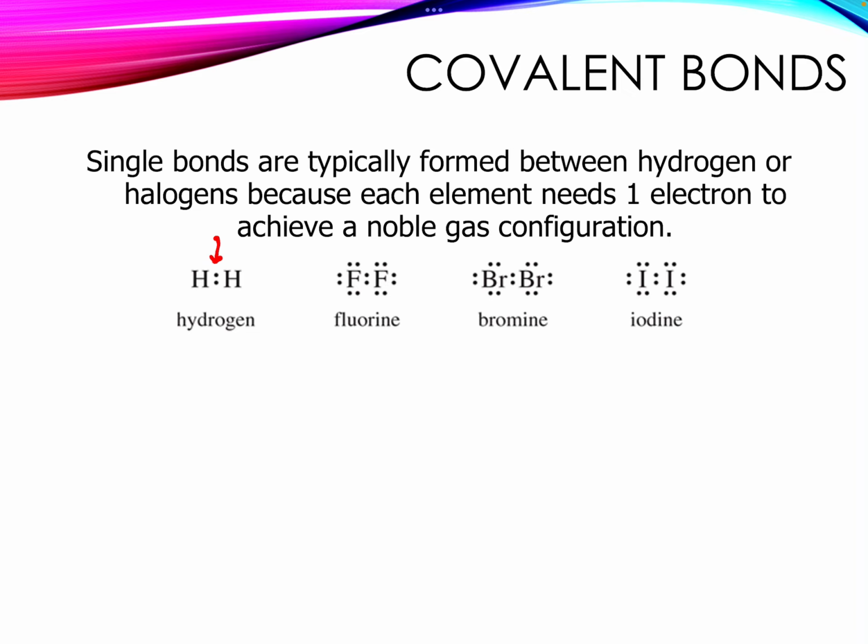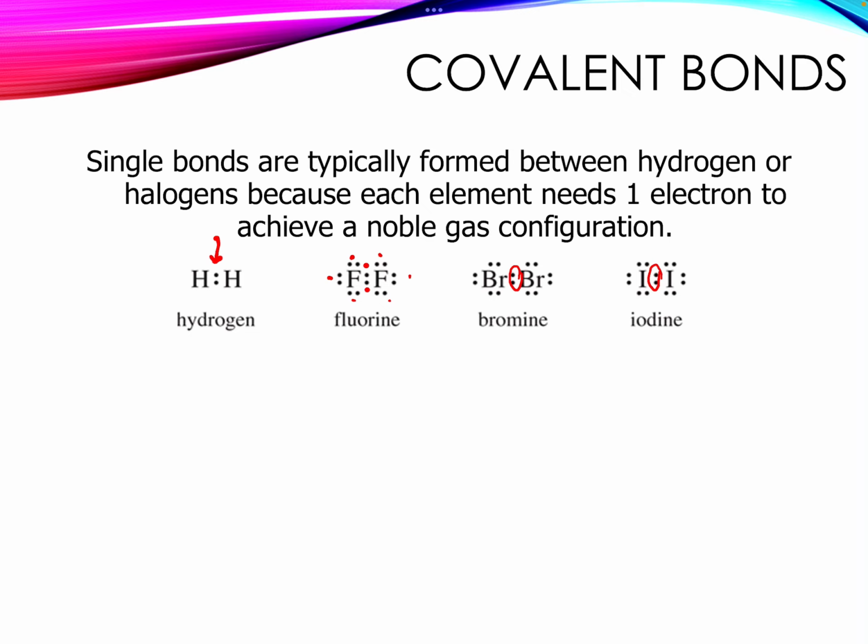Each of these fluorines has 8 valence electrons because we have 2, 4, 6, 8 for the fluorine on the left, and 2, 4, 6, 8 for the fluorine on the right. And the same thing for bromine and iodine, right? All of those are getting 8 valence electrons because they're forming a single bond here in the middle between those elements. So anytime electrons are shown like that between the atoms, that's indicating that they are bonding.